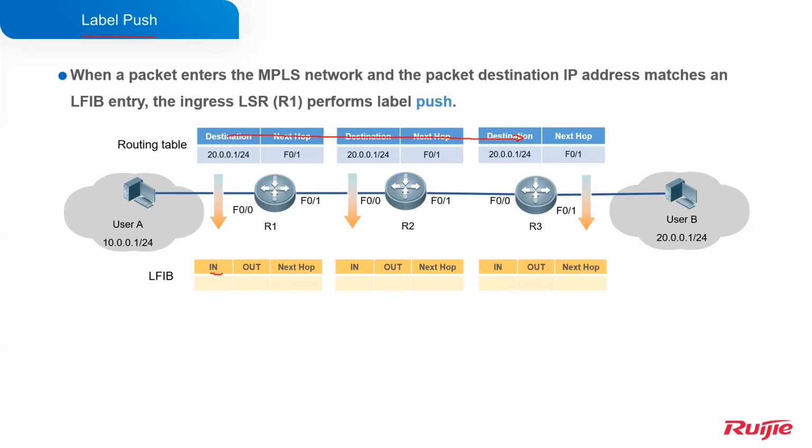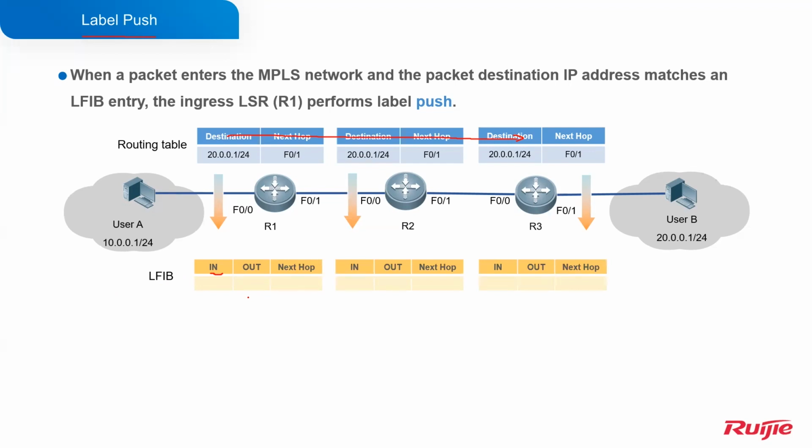And this in label function is used to match. If we receive some packets that include a label, we will take the label to match our in label list. If we match this label, we will directly use the out label or next hop to encapsulate the message immediately. And this is the function.